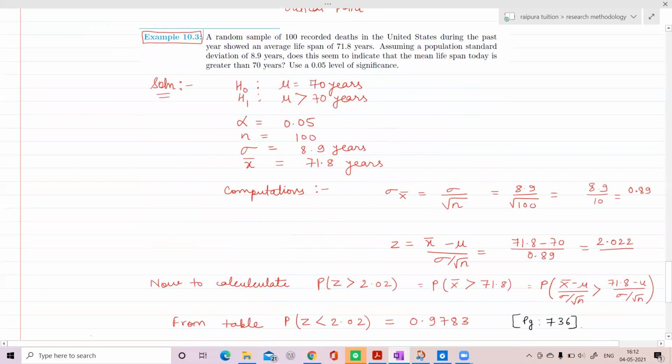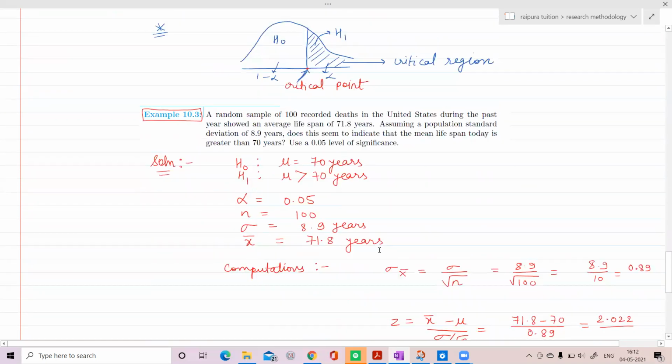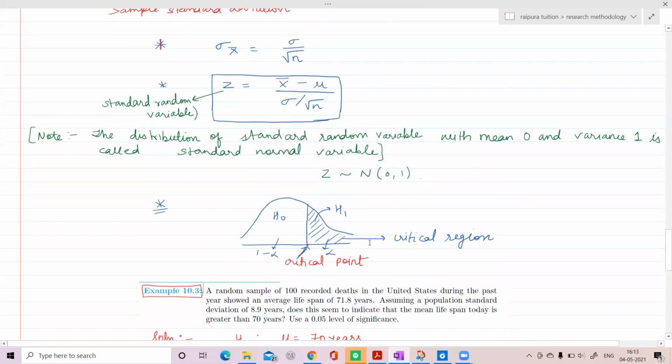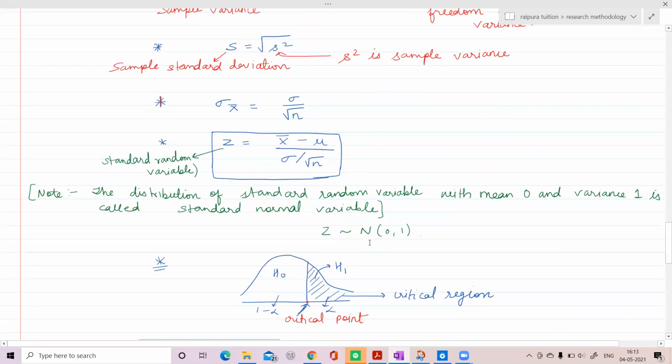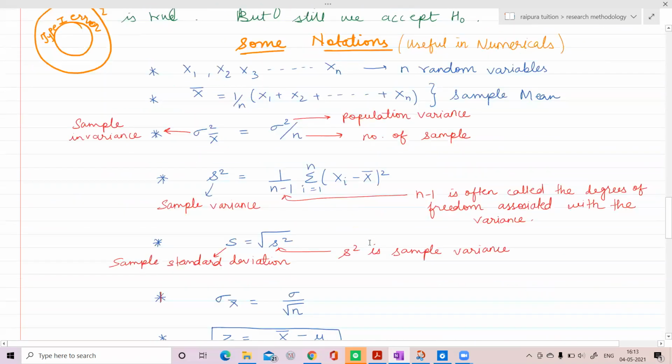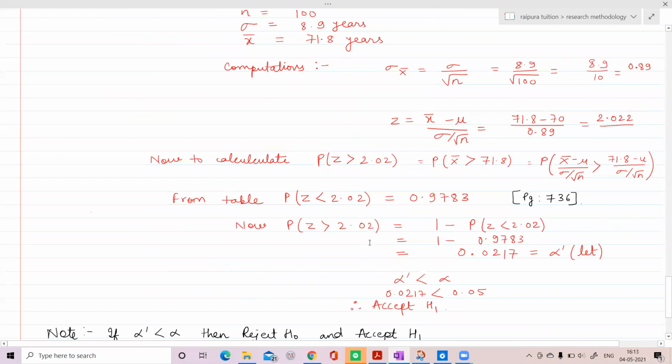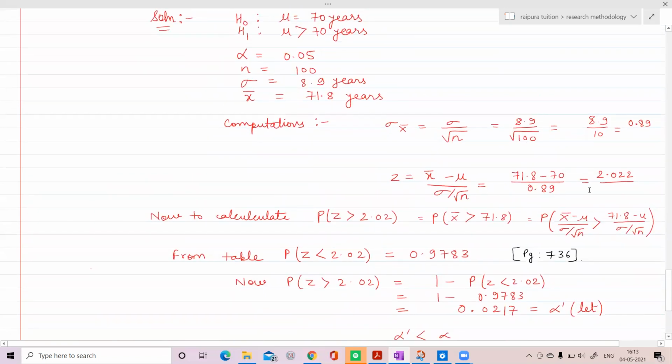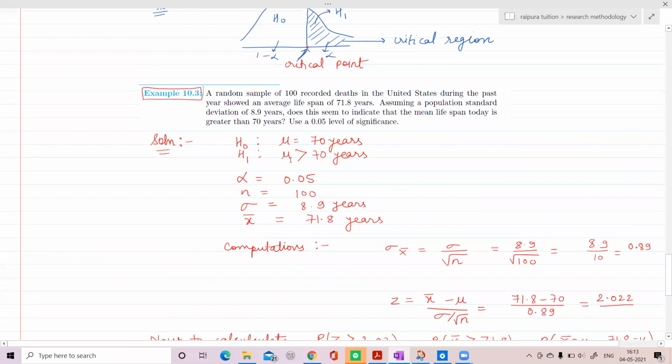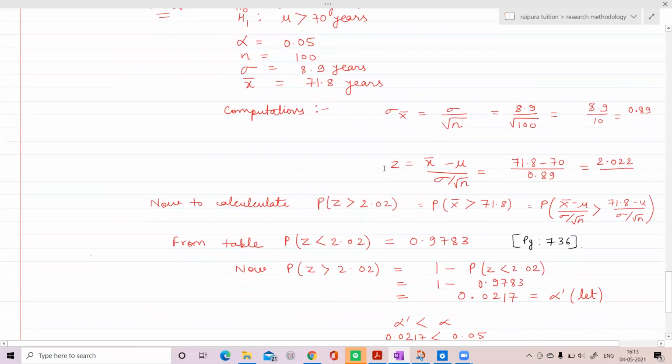And then we calculated our Z, the standard random variable, using all the formulas and notations which we discussed, which came to be 2.022. And now, since our mu is greater than 70, we need to calculate the probability of Z greater than 2.02.